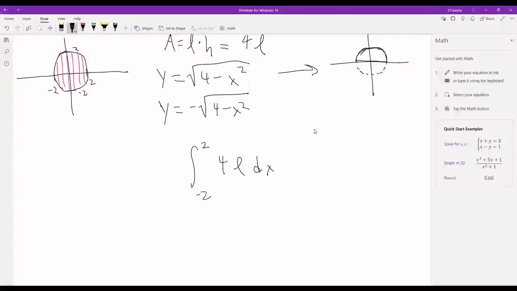And what is L? Well, L is this. It's these red lines are L. And how do we find those? Well, we take the top function, subtract the bottom function, and we get the top function is this, subtract the bottom function. Oh, and don't forget the 4. You can put the 4 outside.